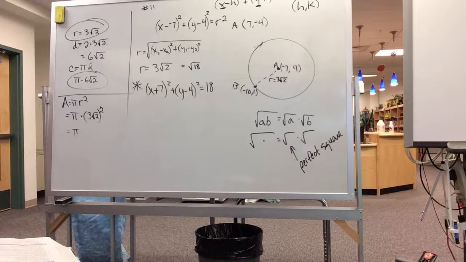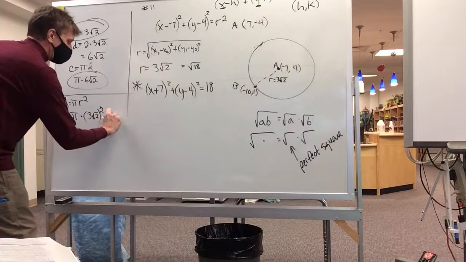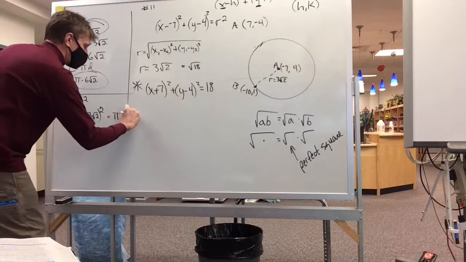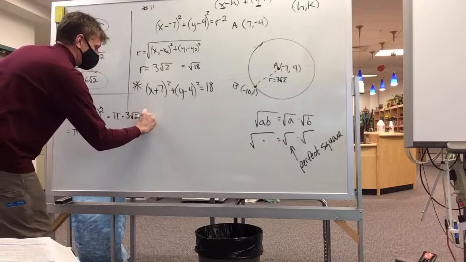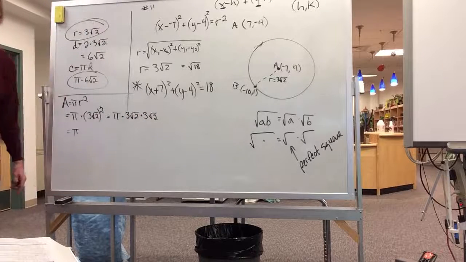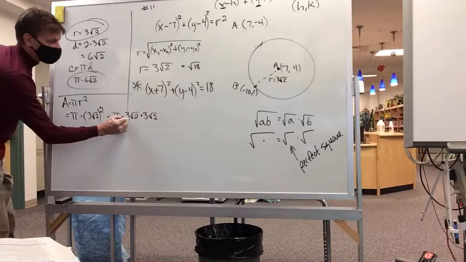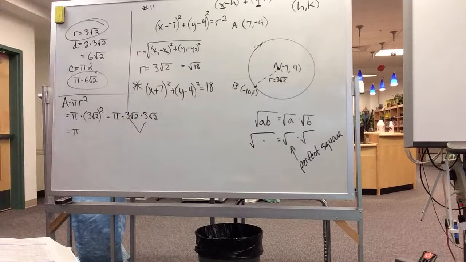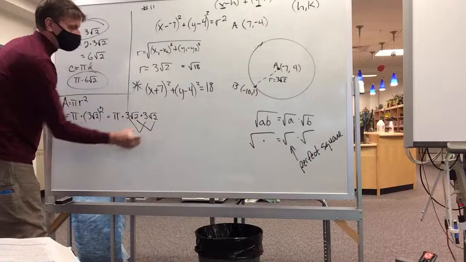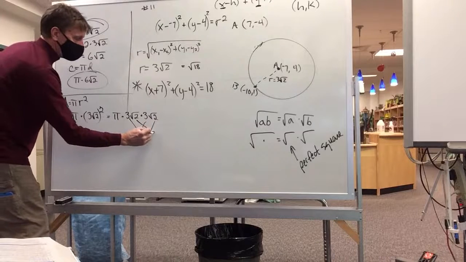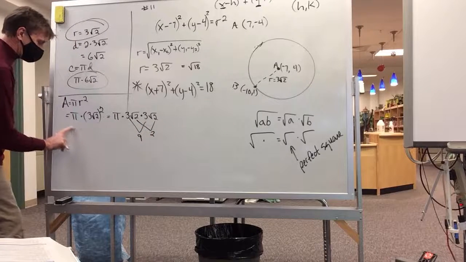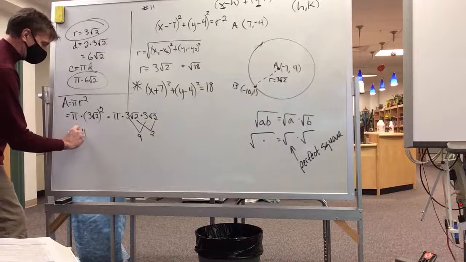So if you were to rewrite this, that's the same as 3 times the square root of 2 times 3 times the square root of 2. 3 times 3, root 2 times root 2, 2. So that's just 18 pi.